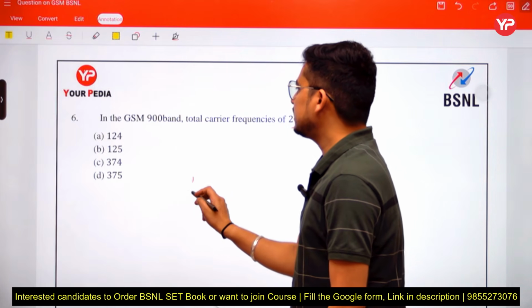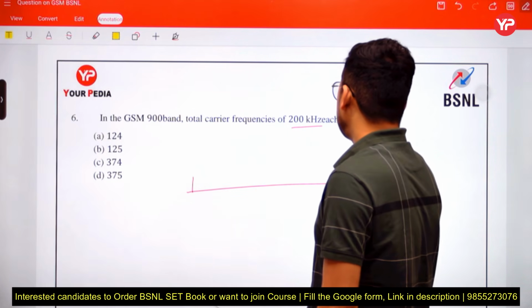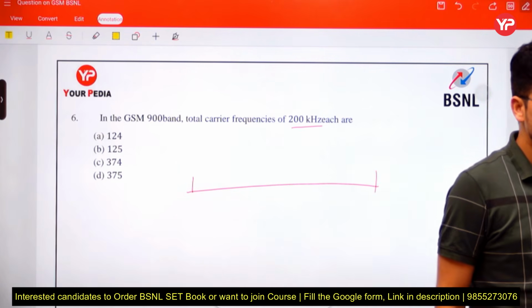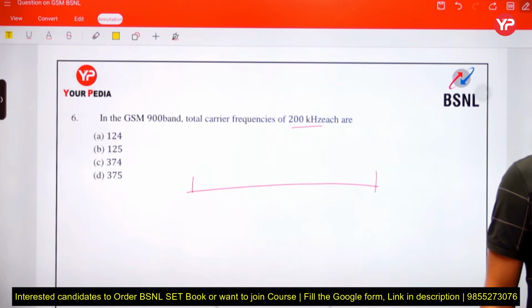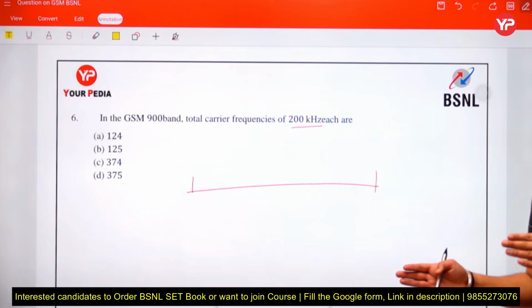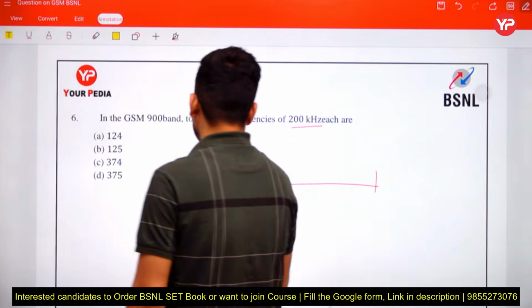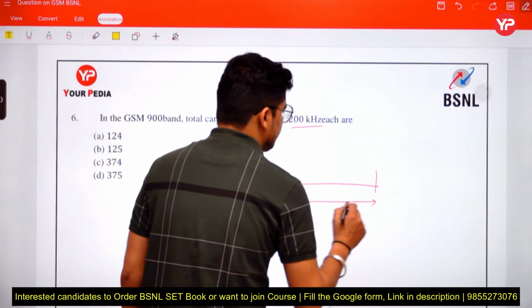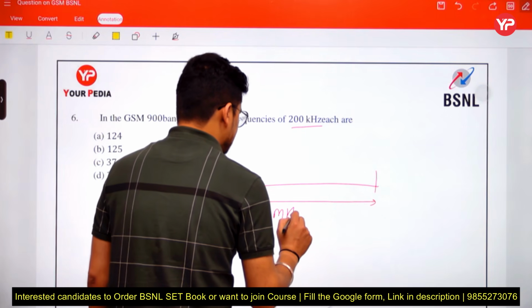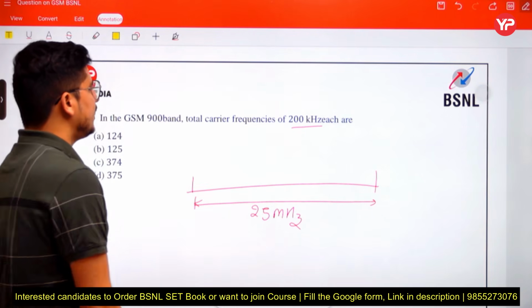So in the GSM 900 band, if you are going for the uplink, from here to here, this is the bandwidth of the uplink in your GSM 900, right?